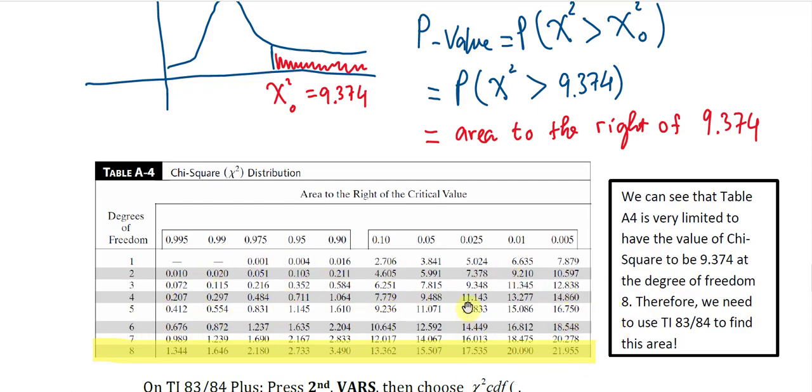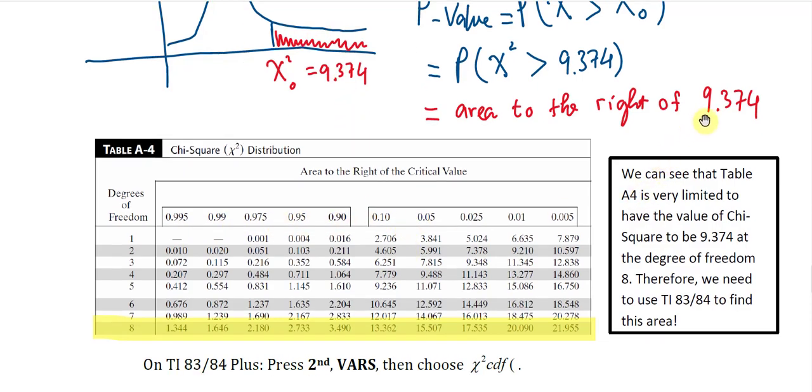So we look for the value of 9.374 on this row because we have 8 degrees of freedom. So we look for 9.374, and we are matching that here to find the area to the right because we are looking for that. And you can clearly see I cannot find 9.374 from this row.